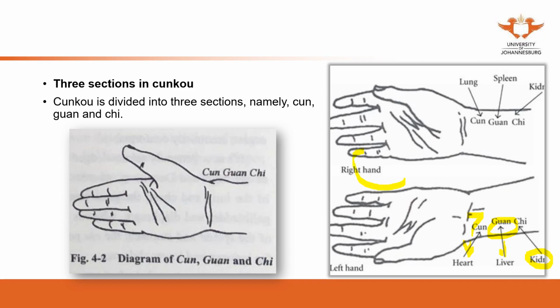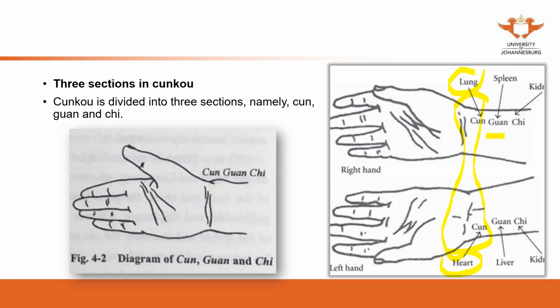On the right hand, the 寸 is linked to the lung, the 关 links to the spleen, and the 尺 links to the kidney. So those are the connections between the pulse locations and the organs. Also, from another aspect, you will see that the 寸, no matter on the left or right hand, reflects the lung and heart.